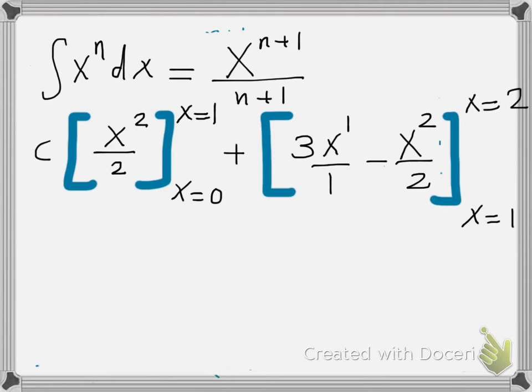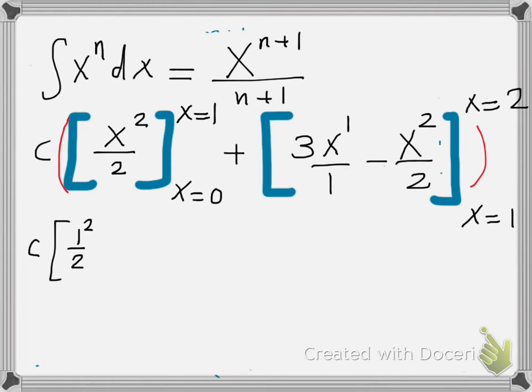Now we finish the integration. Now what is left? We have to substitute the values of x inside our answer of integration. So first of all, we will substitute with the first bracket. Instead of writing x squared over 2, I can write 1 squared by 2.